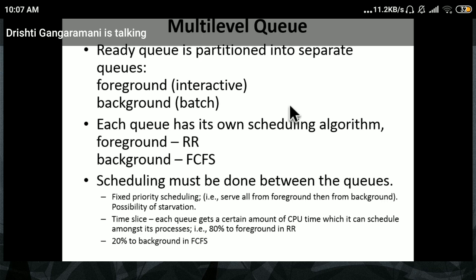In short, it runs both foreground and background.